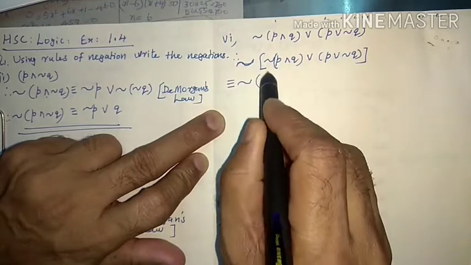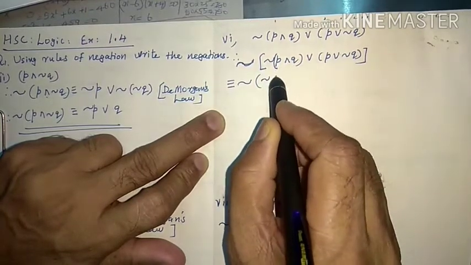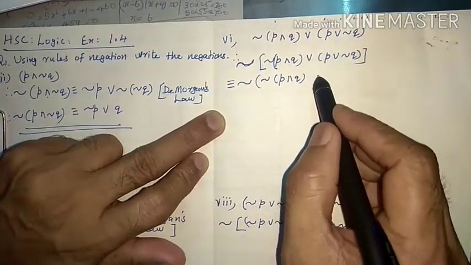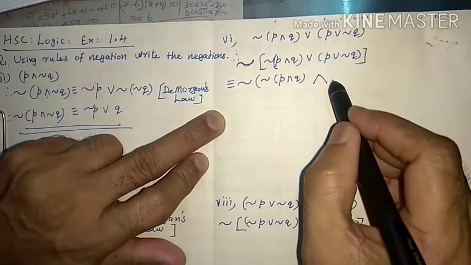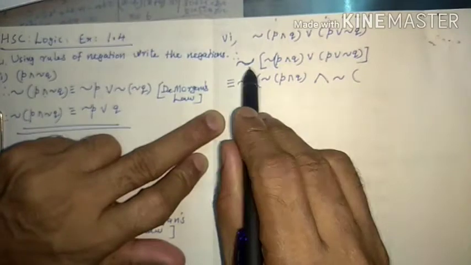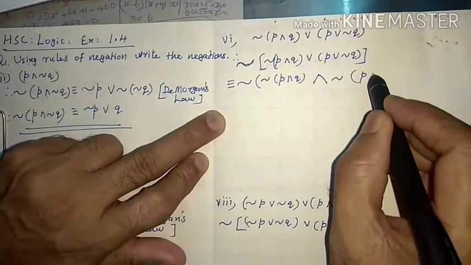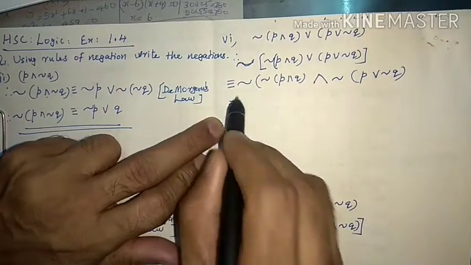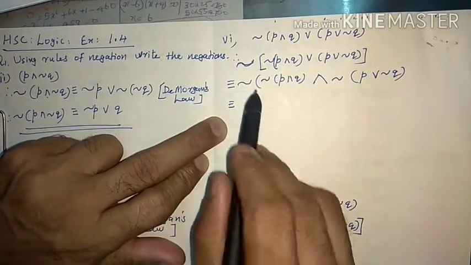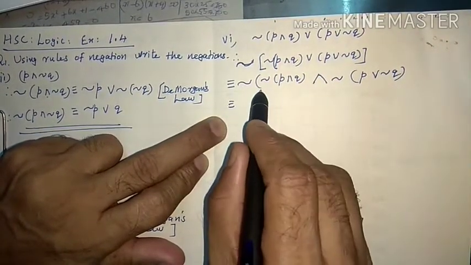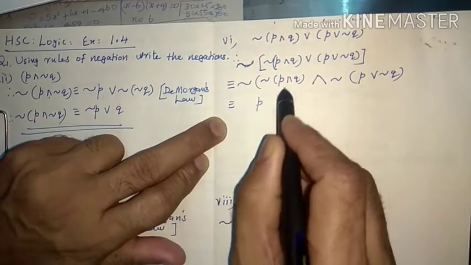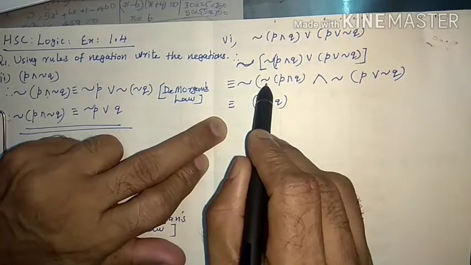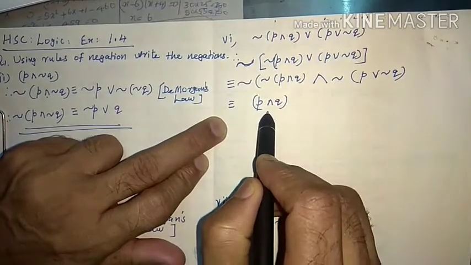Negation of this, negation of P conjunction Q. This disjunction becomes conjunction, negation of the second statement. P disjunction, negation Q. Now this negation of negation is what? The statement itself. P conjunction Q. Negation of a negation, that statement itself.